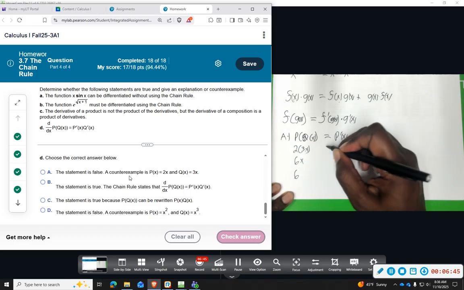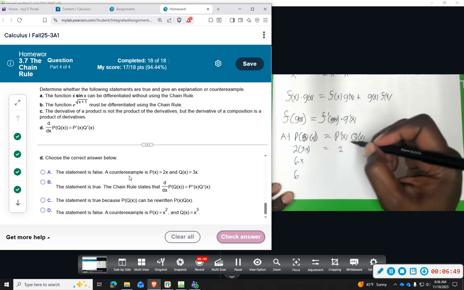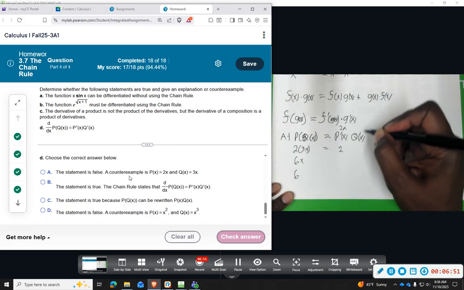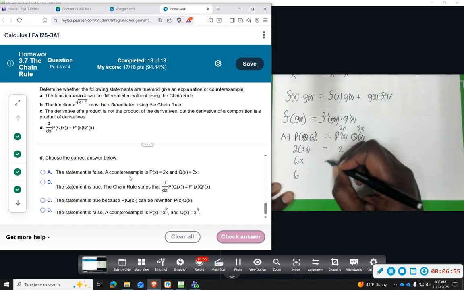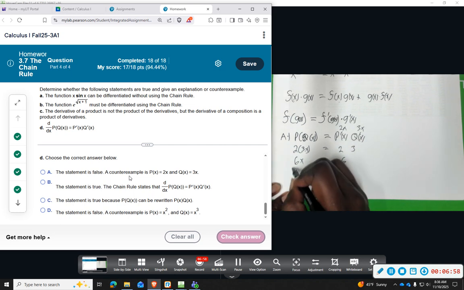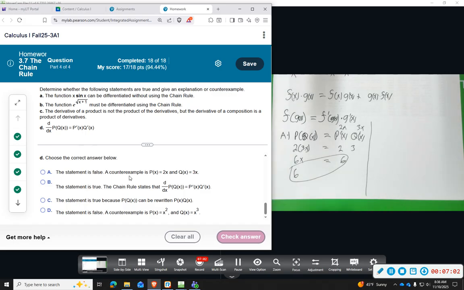And if I did the derivative of P of x, I would just get 2. The derivative of Q would be just 3, and then 2 times 3 gives us 6. So those would be equal in this case. So that's not what we're looking for. That says true, and that just gives you the same thing. So no, statement is true because P of Q of x can be written as P times Q of x. That's not the same.